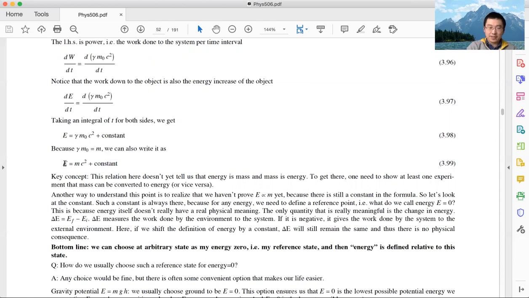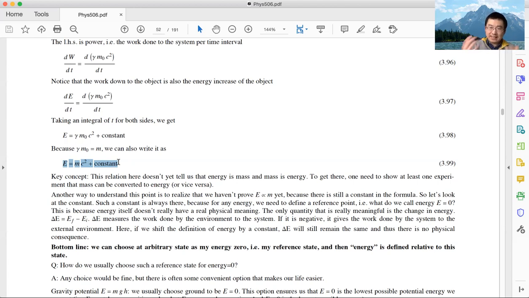So in other words, from this equation, we cannot yet say mass is the same as energy, and energy is the same as mass. In order to say that, we need to do one more thing. That is to show energy and mass can really convert into each other.